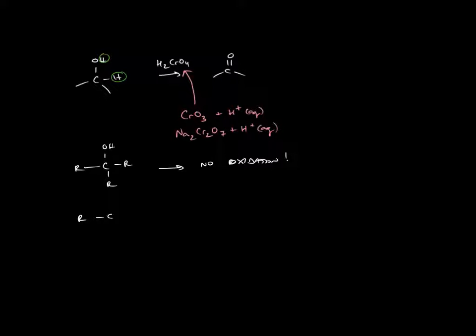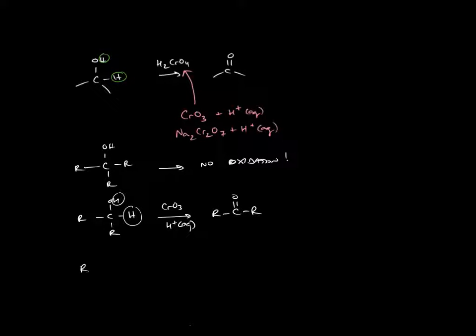If you have a secondary alcohol, that is to say an OH attached to a carbon with two carbons and one hydrogen, using our chromic acid or our CrO3 in aqueous acid would oxidize by removing this hydrogen, and we would convert it all the way to a ketone.